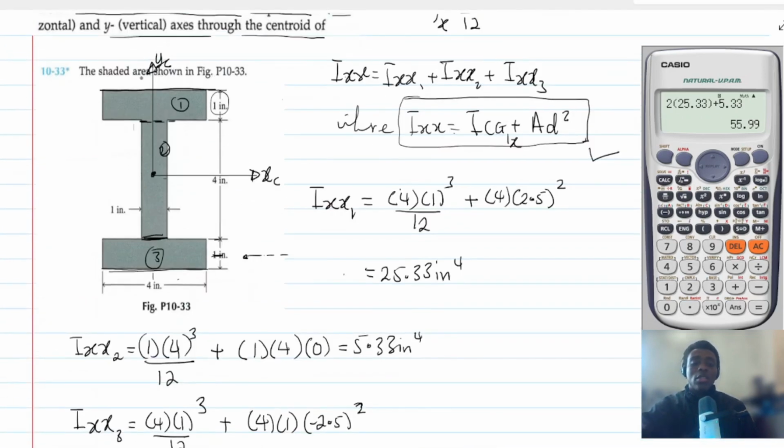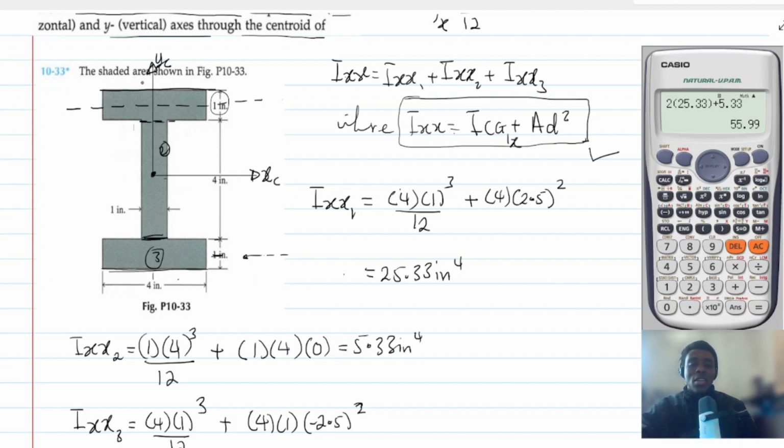Now, assuming that you have the y-axis passing through the first area, you see that the actual centroidal of this about the x will be like this, okay? How about the y? Interestingly, to draw the centroidal y-axis of this area, it will coincide directly with the actual y of the whole figure.